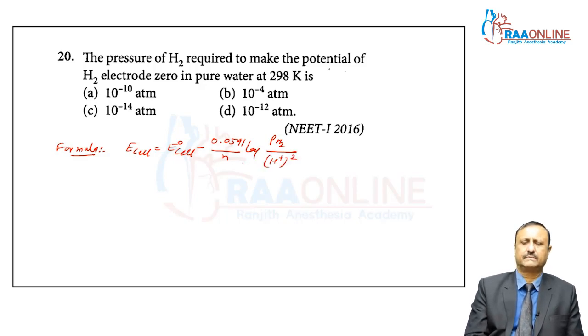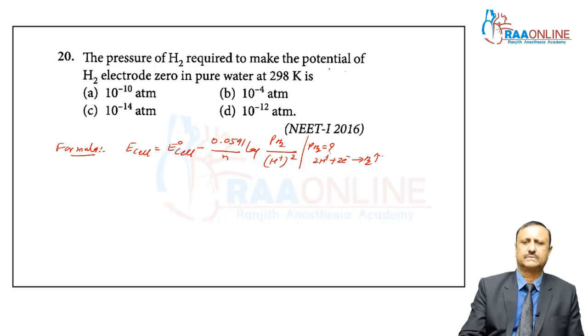Now, we can see here n is the number of electrons, because here in this hydrogen electrode, the pressure of hydrogen required to make the potential 0. It means pH2 is required, and here 2 H plus ions accept 2 electrons to give hydrogen gas.